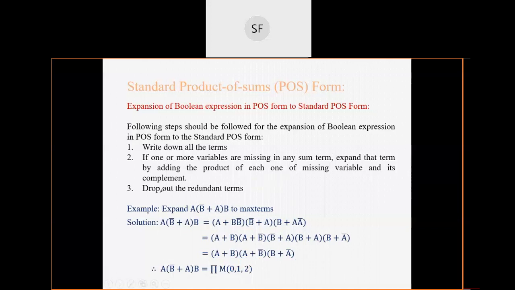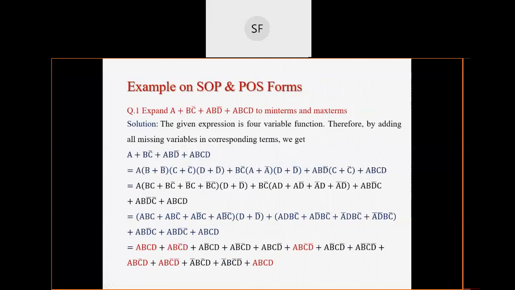So this is regarding the product of sum form. One example I have also discussed. In this example it was already explained up to the min terms, right. In the last session I gave you homework to expand this given expression to the min terms and max terms.